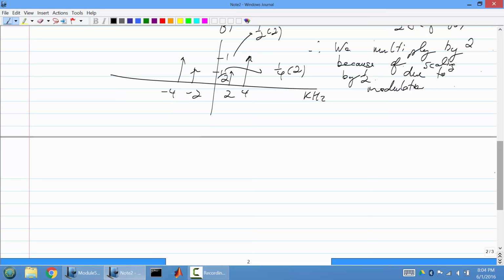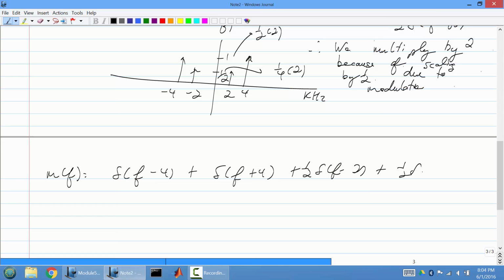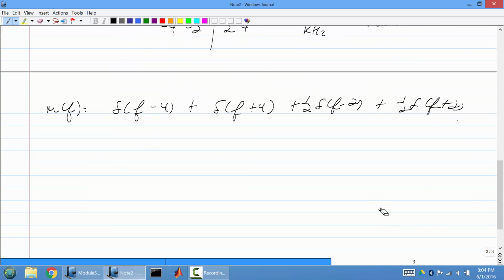So our Fourier transform of this message signal is not multiplying by 4, it's multiplying by 2 first. So we have delta f minus 4 plus delta f plus 4, and then plus a half delta f minus 2, and then a half delta f plus 2. Now we want to figure out what the original message is. This is in terms of frequency.